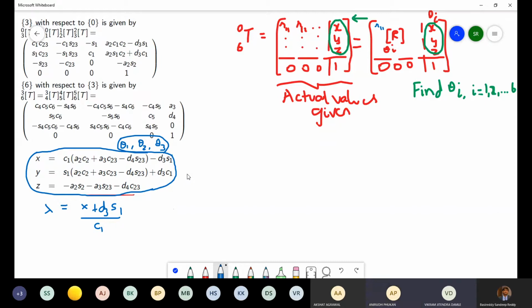So S2 lambda plus C2 z, if we do that, C2 z will give what? That cancels out the A2 term.